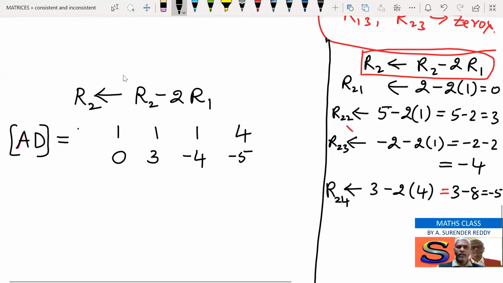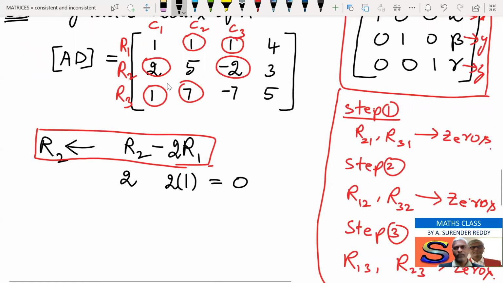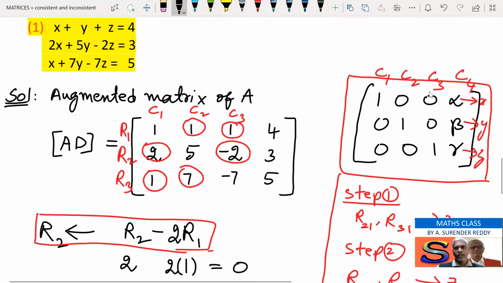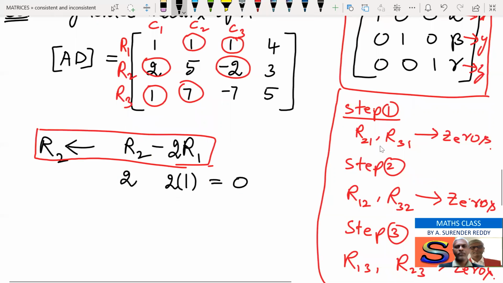So we have transformed the second row such that the first element becomes 0. We are converting these elements to zeros to get the final form so that we can write its solution. In the first step, we convert R21 and R31 to zeros.